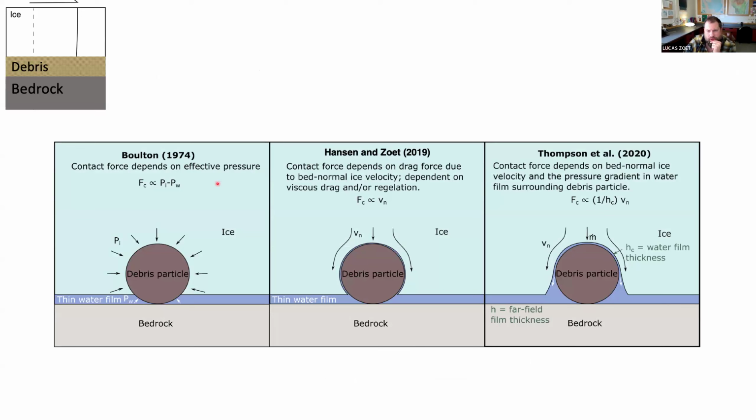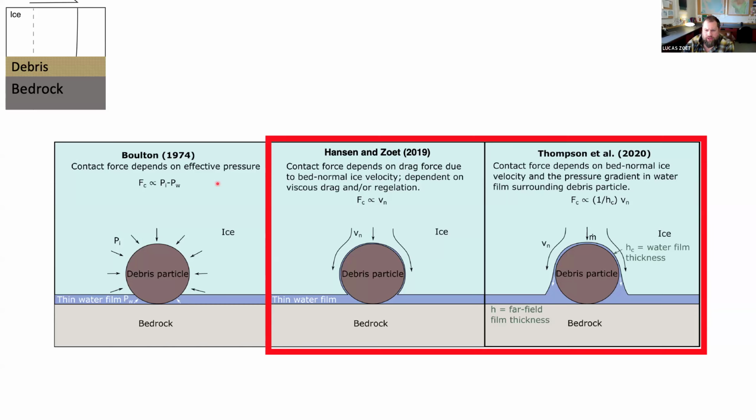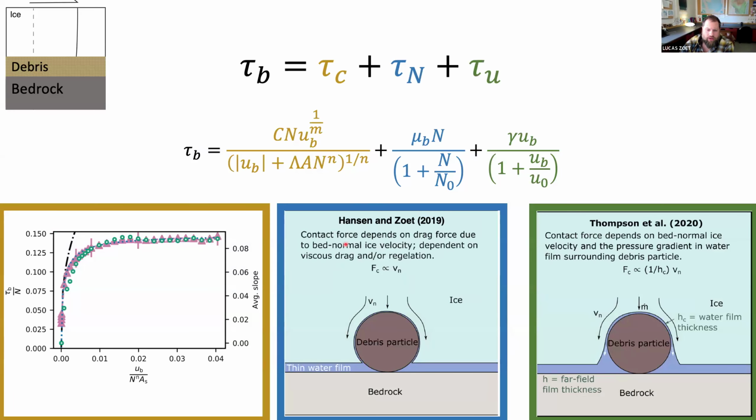And so when we go back and look at these different processes and what's giving rise to what we observed in these experiments, we can chalk it up to these two different processes: this pre-melt film that's moving around these particles, and some vertical component of the ice as well. And so we have what occurs with the debris-free ice, just like we saw before, this regularized Coulomb response.